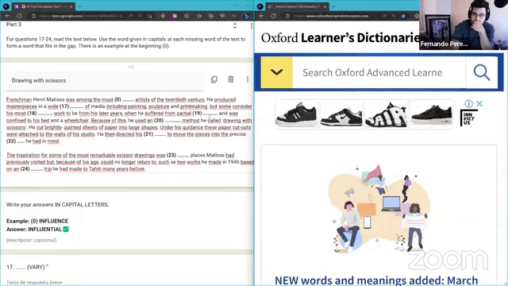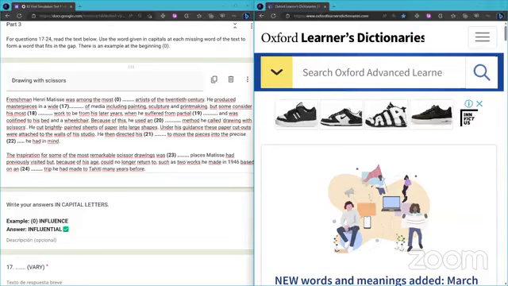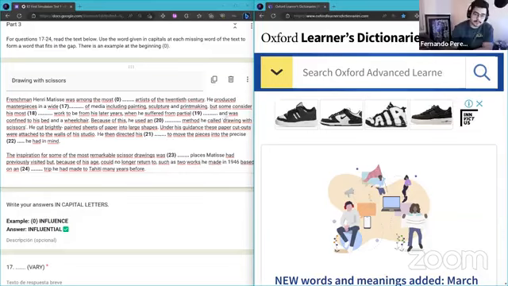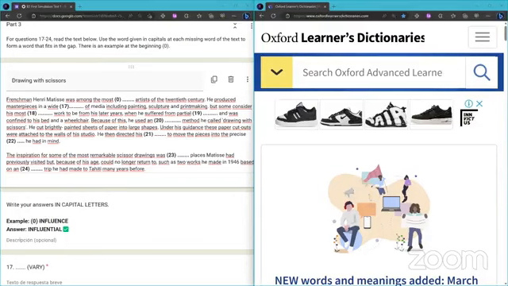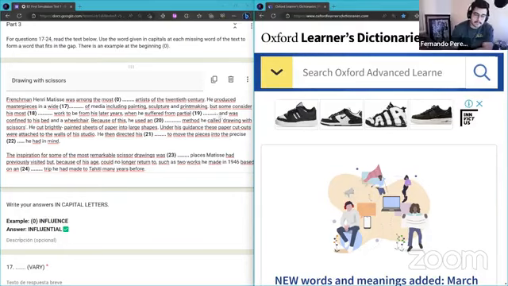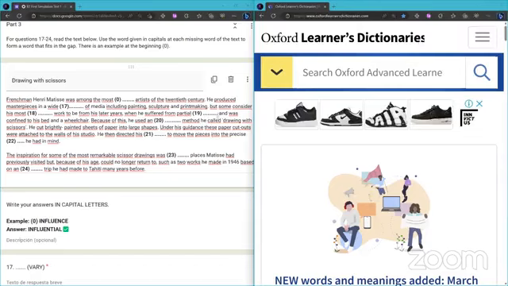Because we need a description, because another connector is and another idea that was confined. This is confined. This is a verb, a noun.